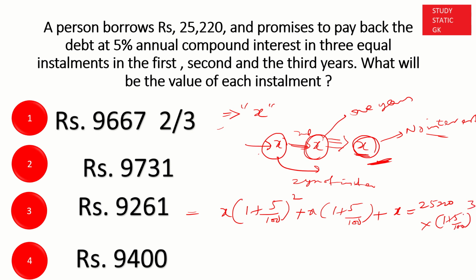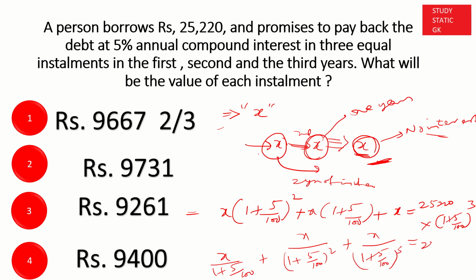Right, if we compensate or subtract these cubes and squares, then we get X by (1 plus 5 by 100), plus X by (1 plus 5 by 100) whole square, plus X by (1 plus 5 by 100) whole cube, that is equal to 25,220.